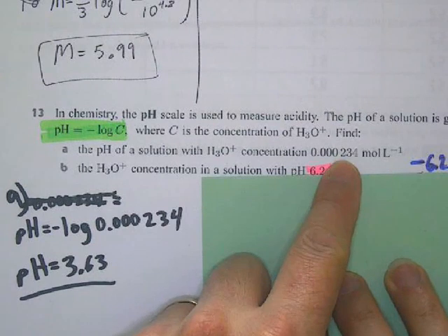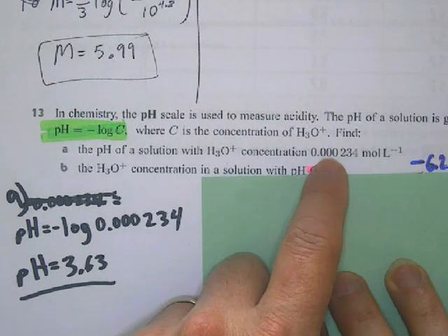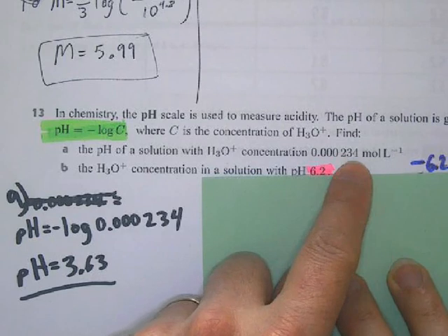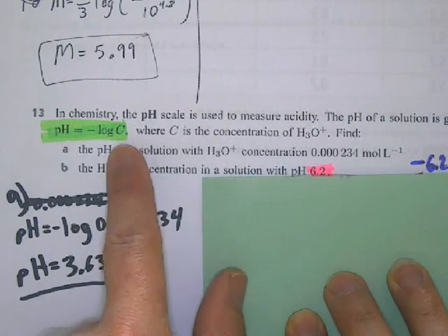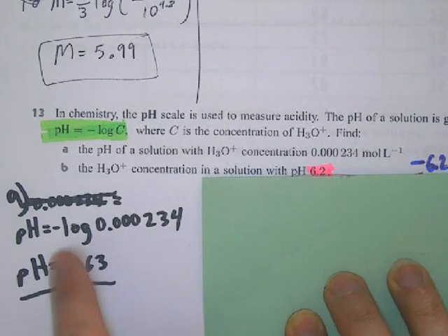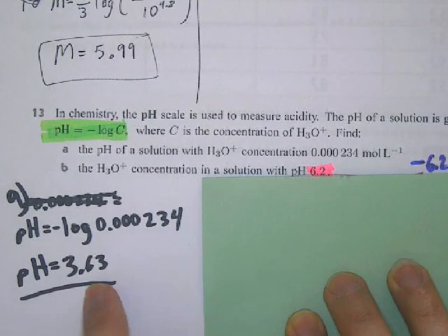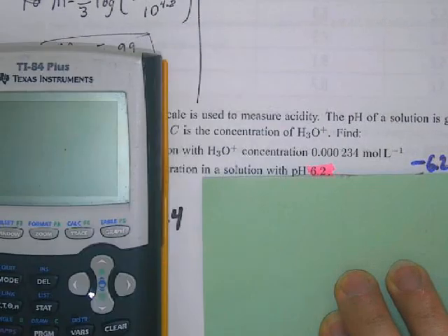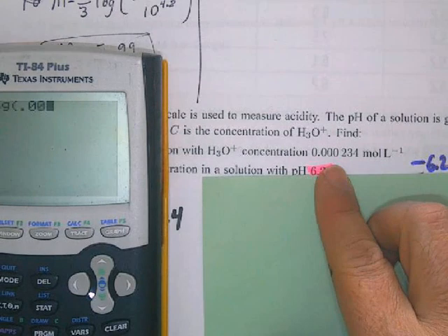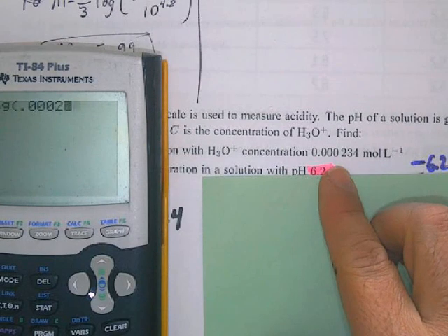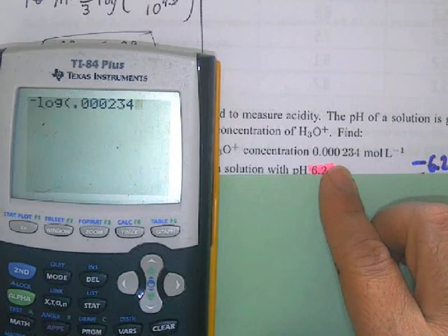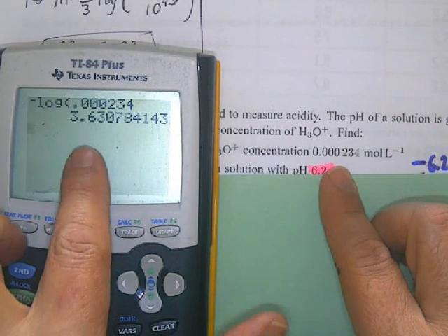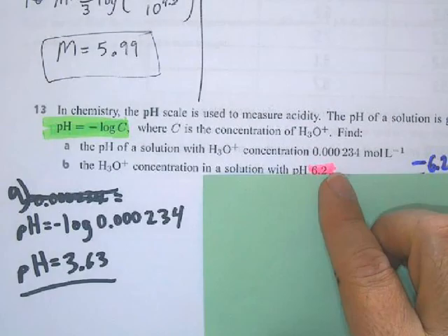You just put in 0.000234 in place of C, and then, so negative log this, and you get this in your calculator. Here, watch. Negative log 0.000234. Enter, and that's the answer. Okay, so finding the pH is easy.